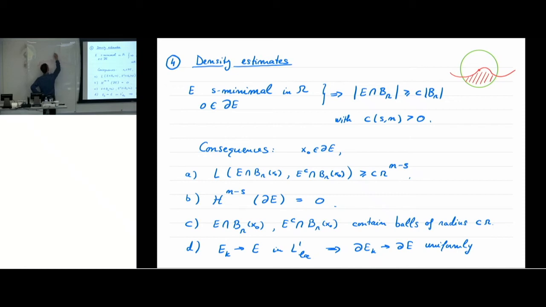In principle, I can have a lot of peaks of the E_k with little area that stick out of it. This is not possible because at this point, the E_k have density estimates. Once I have density estimates, it says that if I have a point far from E, I should have a whole measure here far from E. And that's not possible because I have L1 convergence. So the density estimates improve the L1 convergence. I still leave it as L1, but if I look at the boundaries, I get uniform convergence of the boundaries.